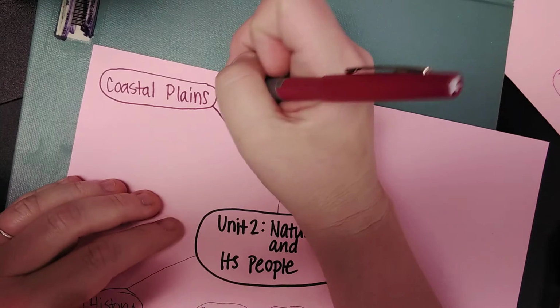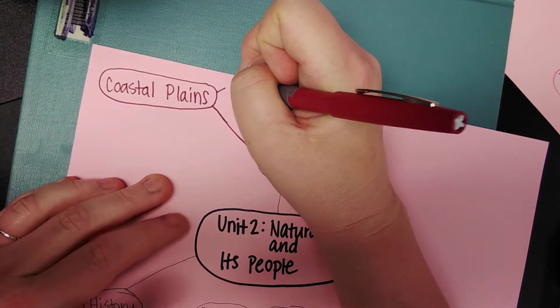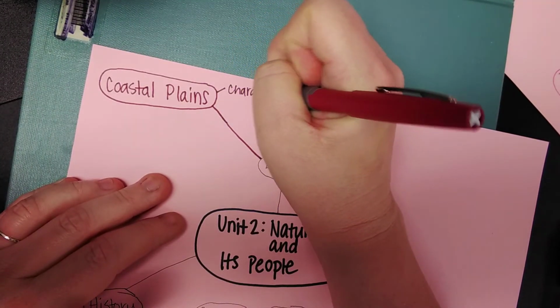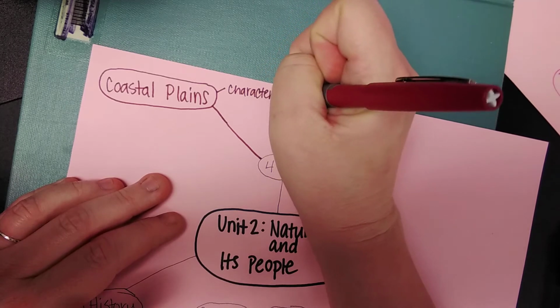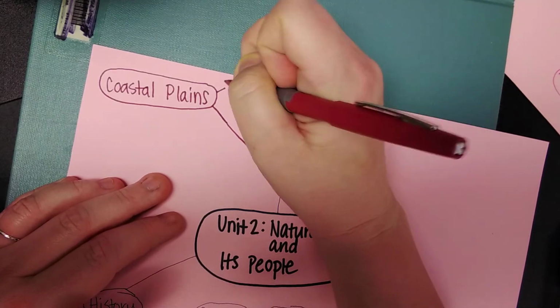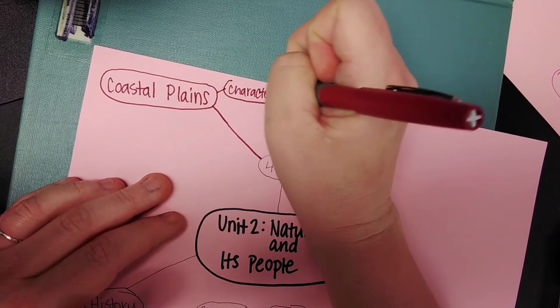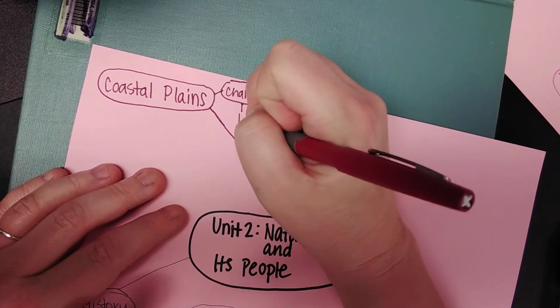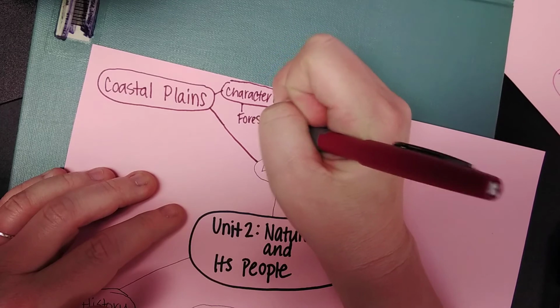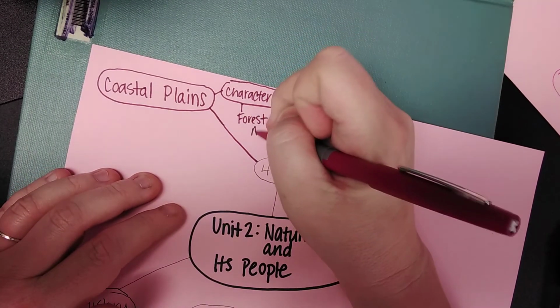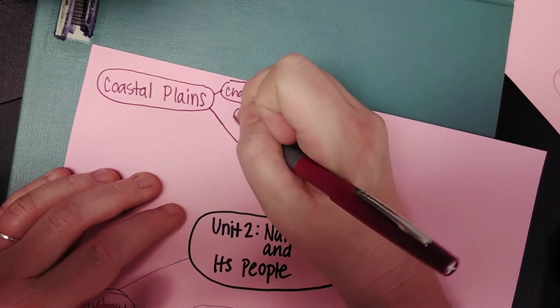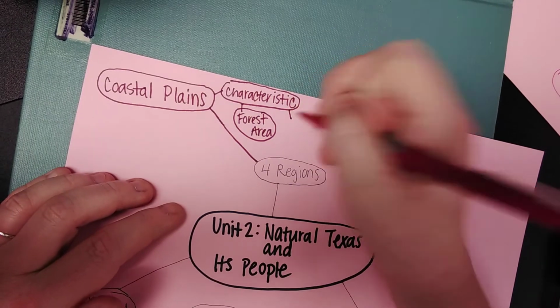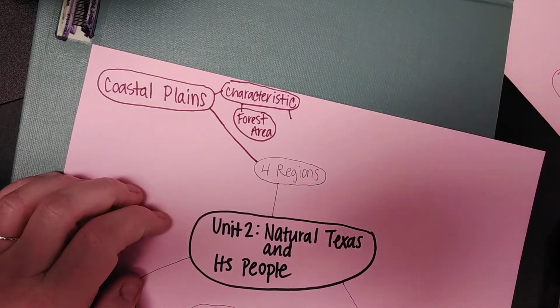The coastal plains has specific characteristics. So we can make a general statement about the coastal plains. In the coastal plains, there's lots of forest area. There's lots and lots and lots of trees. And those trees are there because there's lots of water.